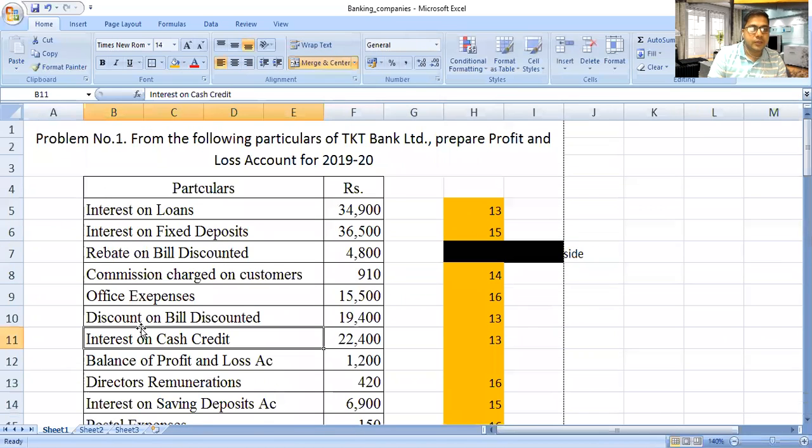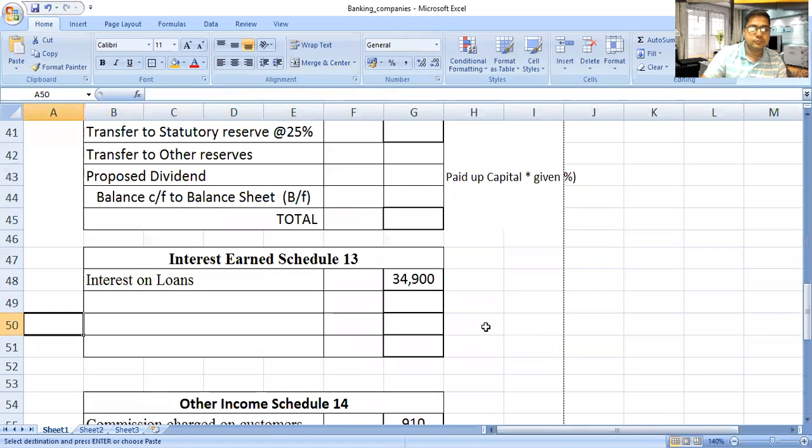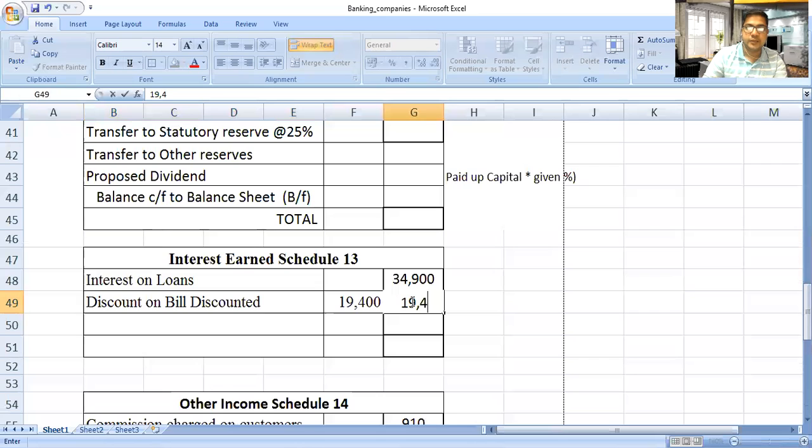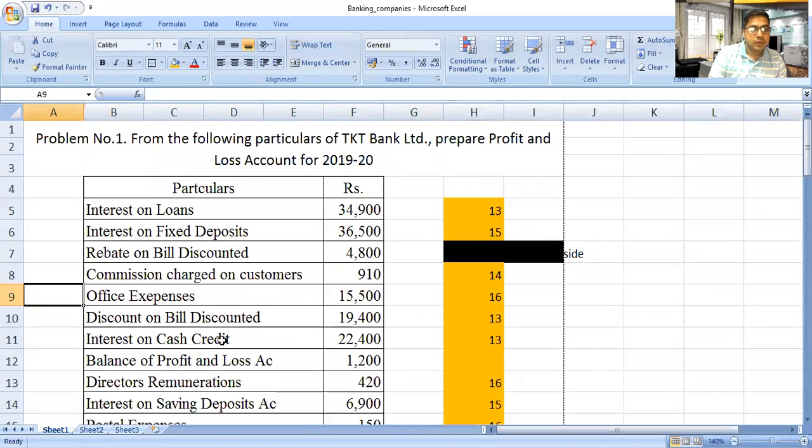Next, discount on bill discounted, 19,400. Discount on bill discounted 19,400 is the income. We have to show 19,400. Next, interest on cash credit.